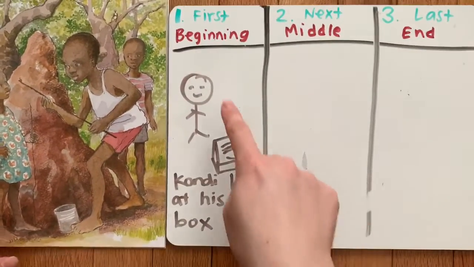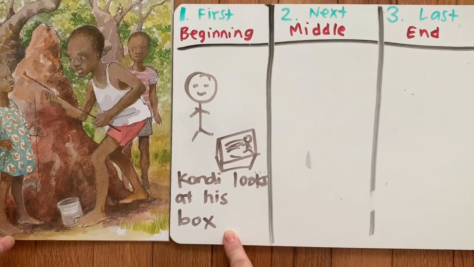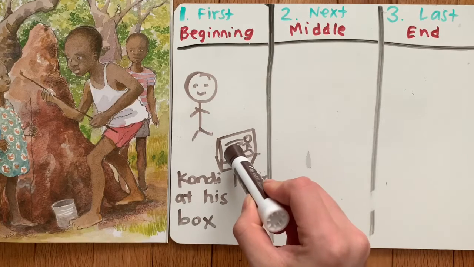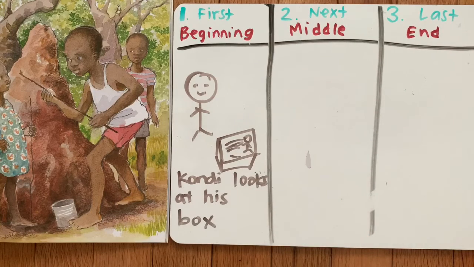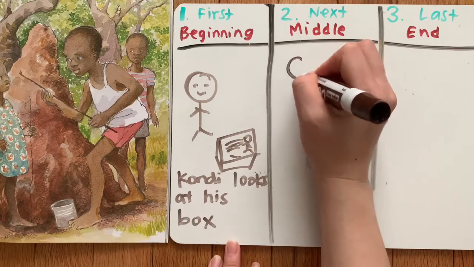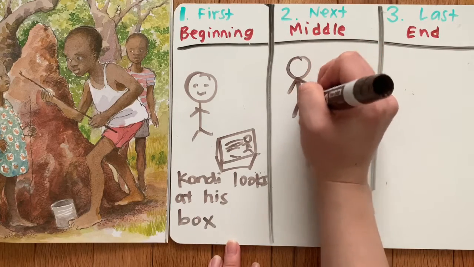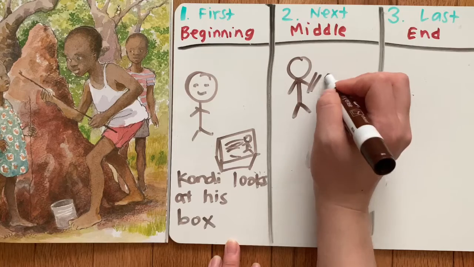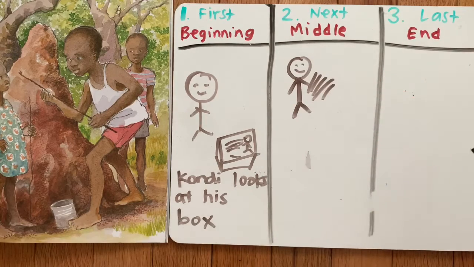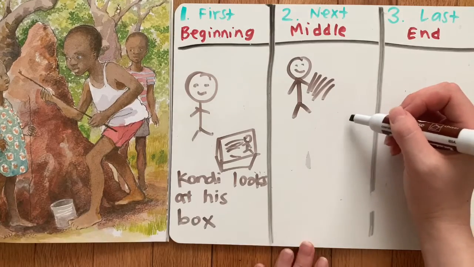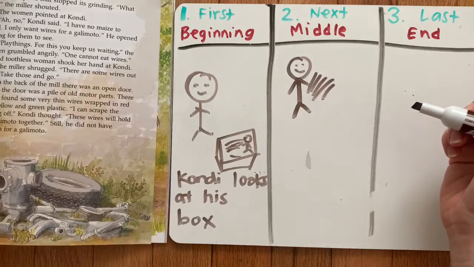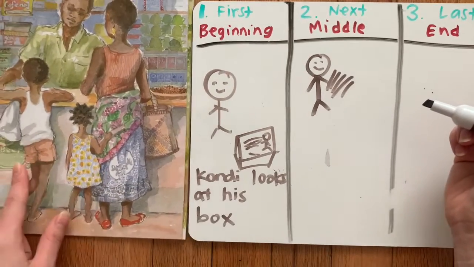So at the beginning, he's looking at his box. Next, I guess he realizes he doesn't have enough wires in his box. So he what? He goes around his town and he trades things to get more wire. So that'll be my pretend wire. And he does things like go to his uncle's shop.